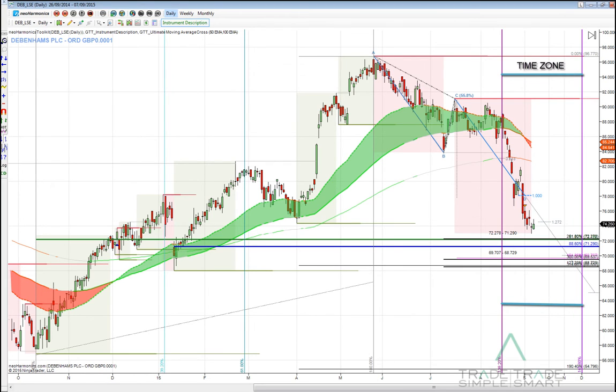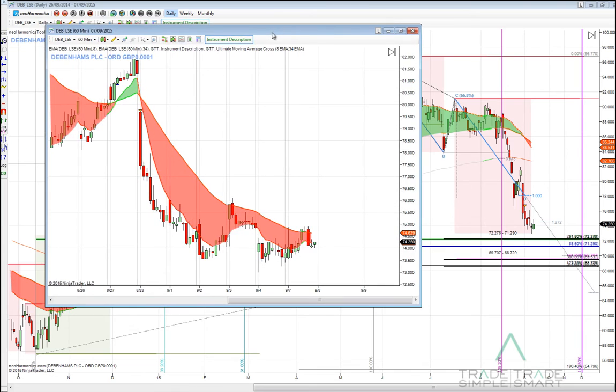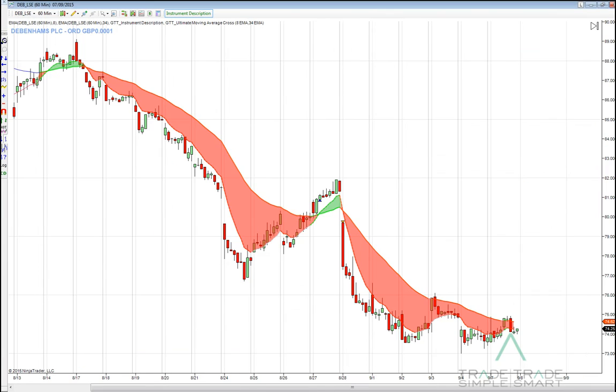And in regards to the Elliott wave, obviously we've identified an AB equals CD pattern. So as usual, once the price enters into our time zones and our price zones, we'll be looking for a moving average cross to the upside.